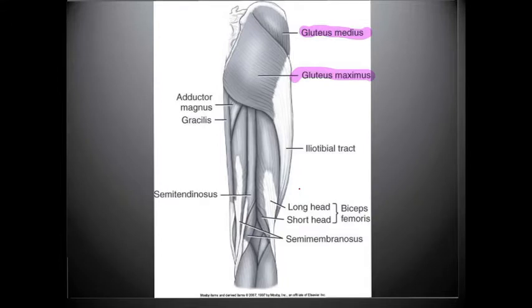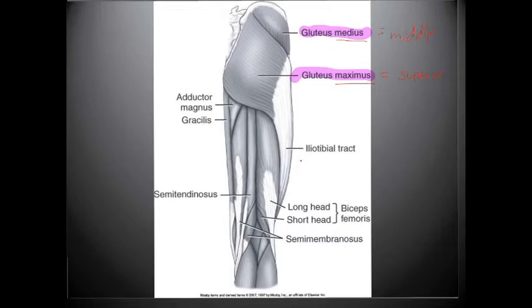In this image, we can kind of understand the relationship between the gluteus maximus and the gluteus medius. If we break the name down, the maximus and the medius, see, medius means middle, while maximus means superior.